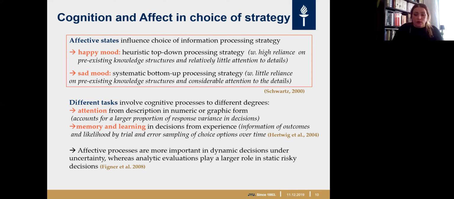So it follows different kinds of process. And then affective processes are more important in dynamic decisions under uncertainty, whereas analytic evaluations play a larger role in static risky decisions. So depending on the decision-making context, we need to understand what kind of role the affective side and cognitive side play.